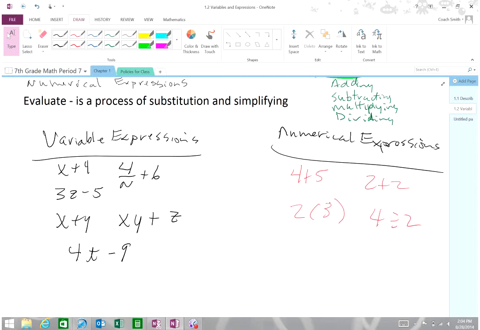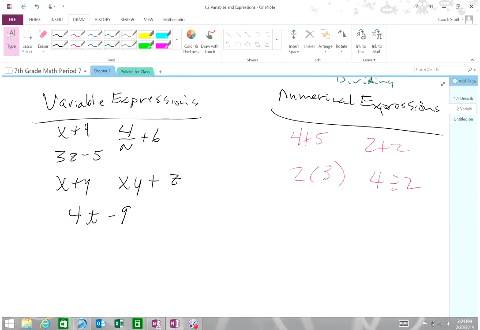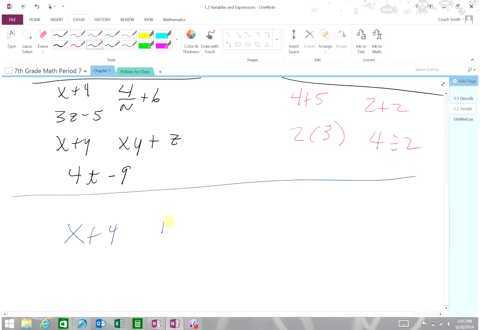Evaluate is a process of substitution and simplifying. Okay, so for example, if I have x plus 4, and they want me to evaluate when x equals 22.